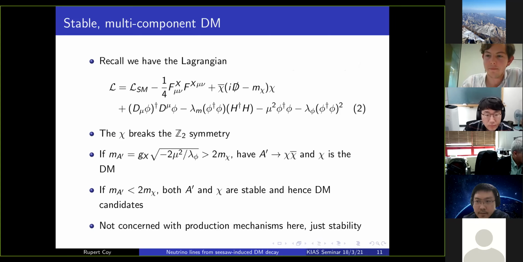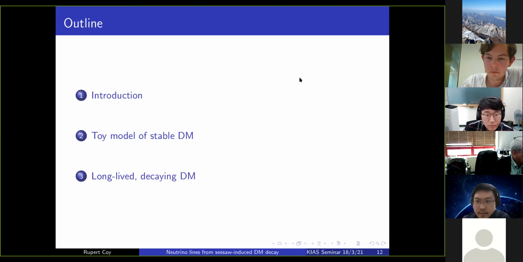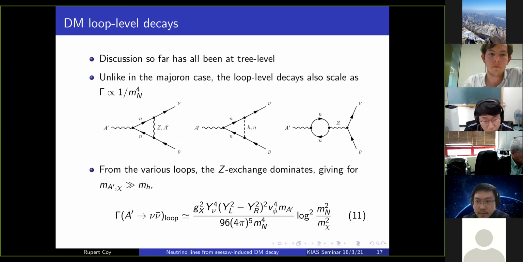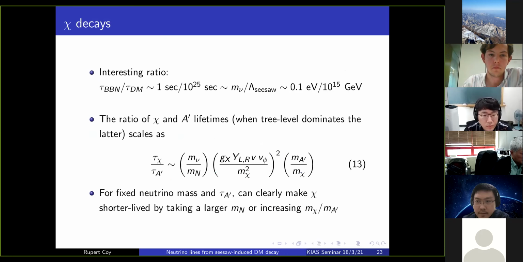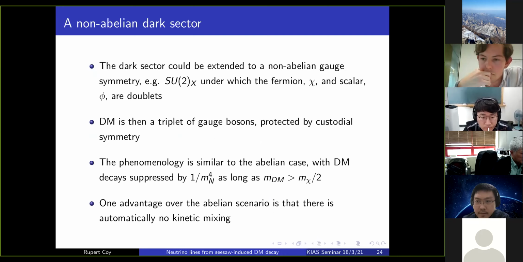I have a question about this kinetic mixing in the non-abelian case. Aren't there dimension 6 operators that generate effective kinetic mixing?